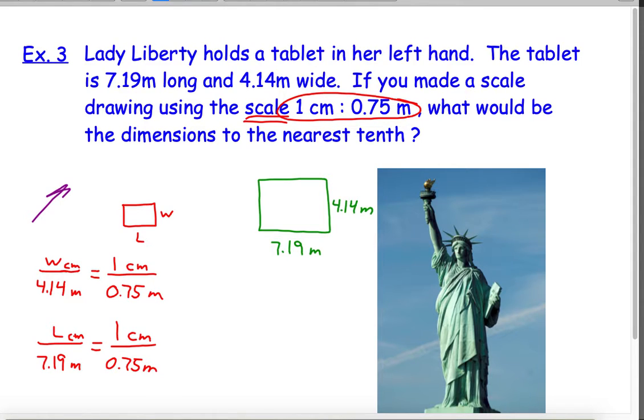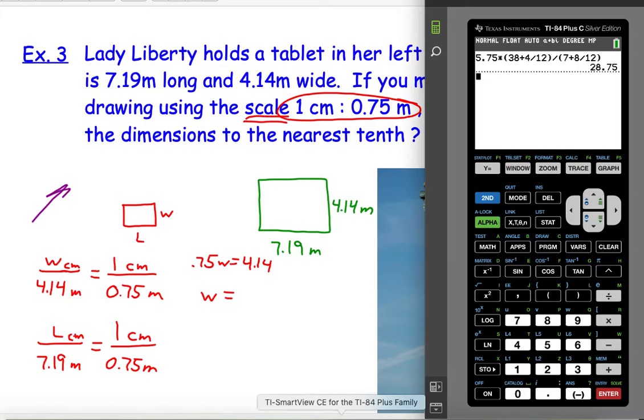So we cross multiply, we're going to get 0.75 times W equals 1 times 4.14. So we're going to divide 4.14 by 0.75. And let's grab a calculator. And 4.14 divided by 0.75. And we get 5.52.